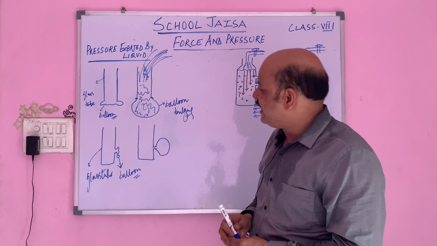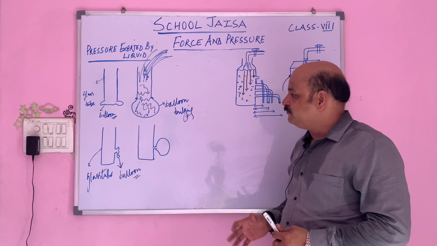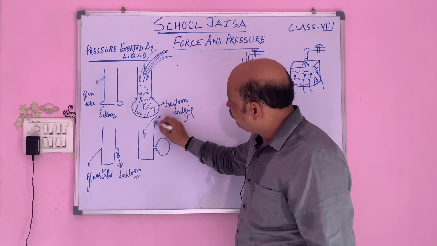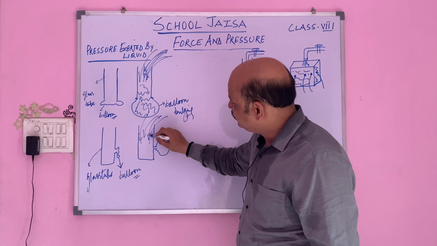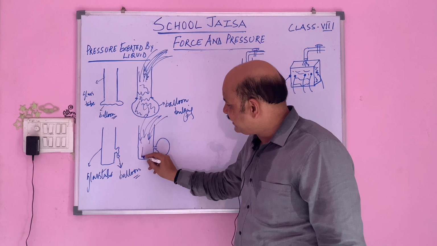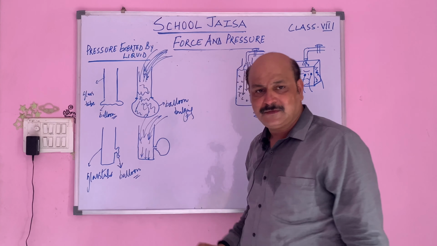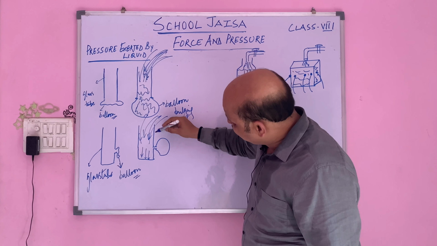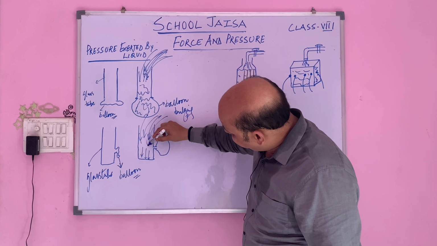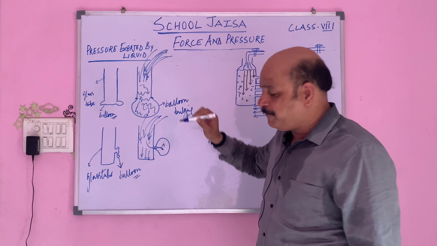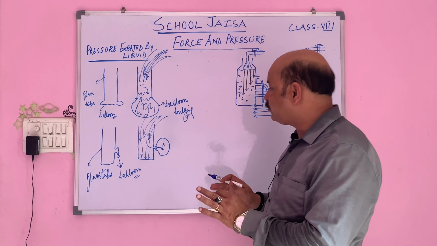Initially when we tied the balloon, we observed no bulging, but on pouring the water into this tube, definitely it must be applying pressure at the bottom or at the base. But what do we see at this position? That the balloon started bulging outward like this.